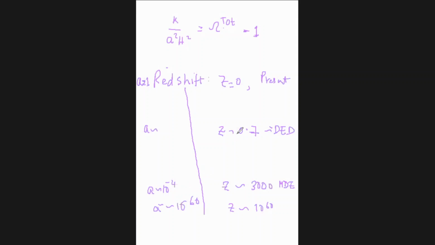Now, today is the present time, and how many billion years back did dark energy domination start? I have told it many times. Who can give me the answer? The total from here to here is 14 billion years. This is the present time.